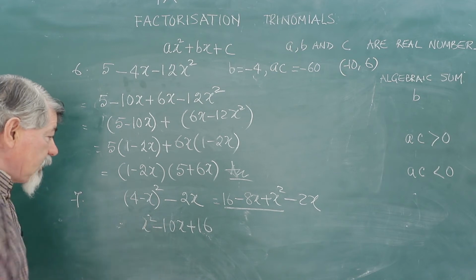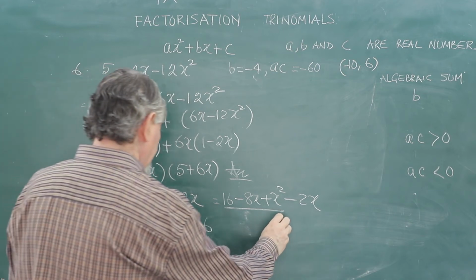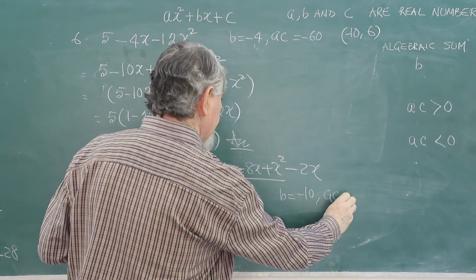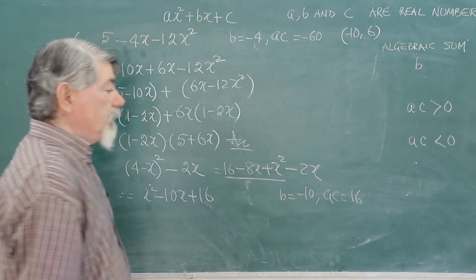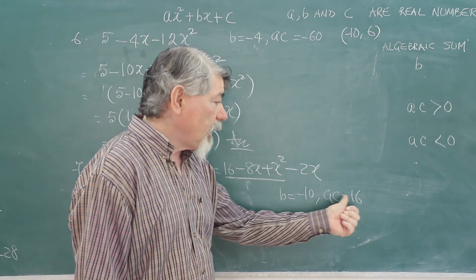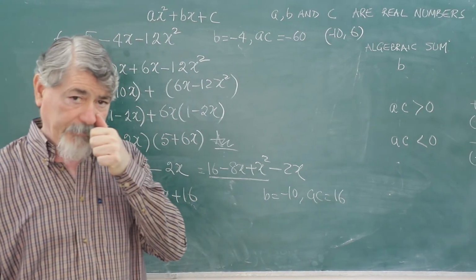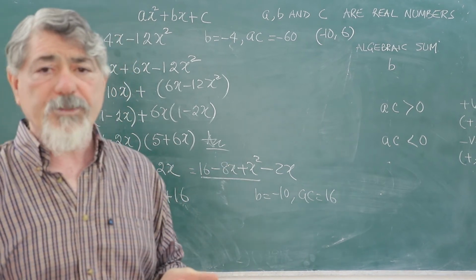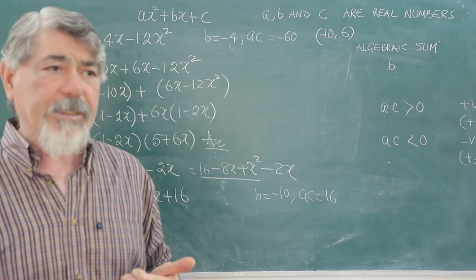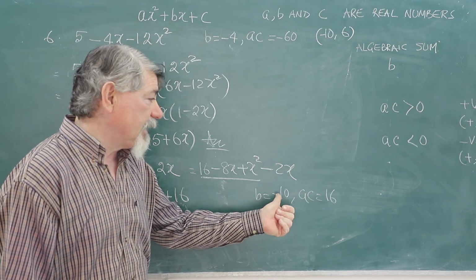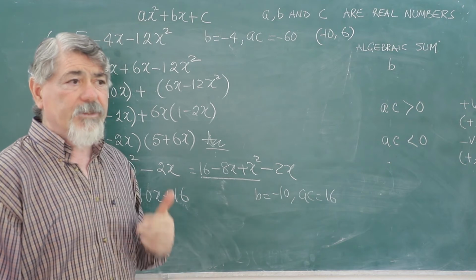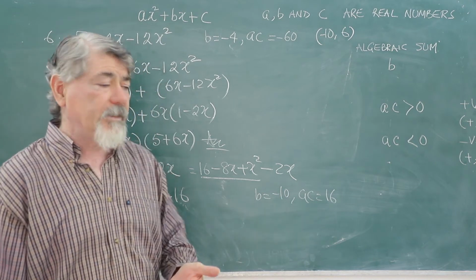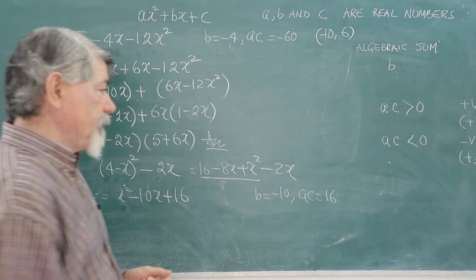Now it is again a trinomial. Here b is minus 10 and AC is 16 into 1, that is 16. The product is plus 16. If the product is positive, the split terms will both be positive or both be negative. But because b is negative, both terms will be negative. 8 2s are 16.